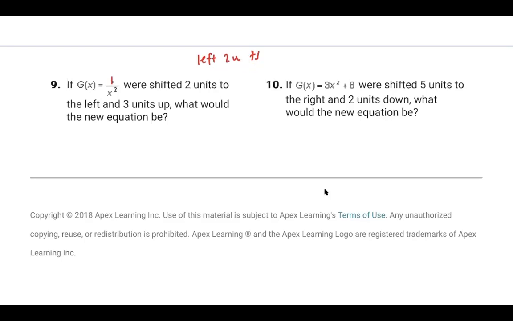Maybe I'll make these different colors so that we can see what I'm talking about. So we've got left 2 units and we are up 3 units.